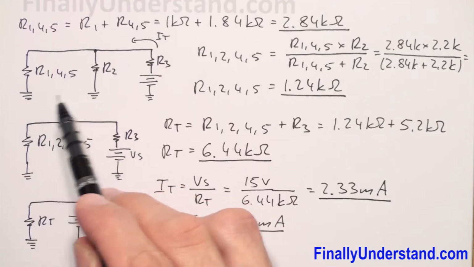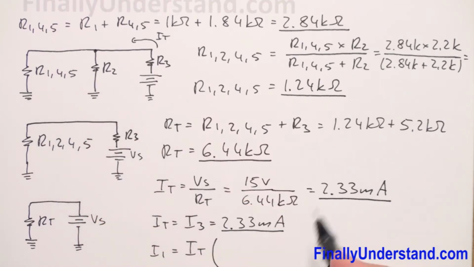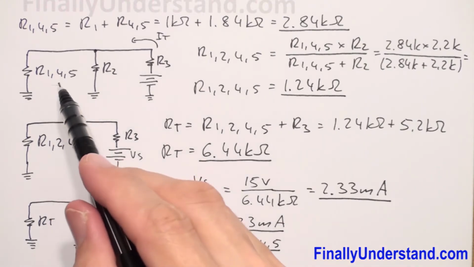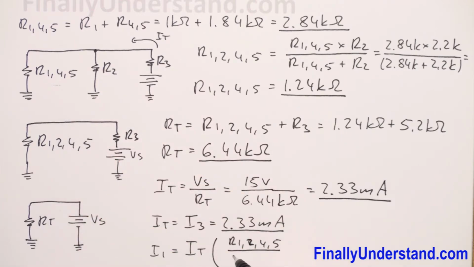This is the current divider rule. So this is going to be R245 over R145. Okay, and this is equal.